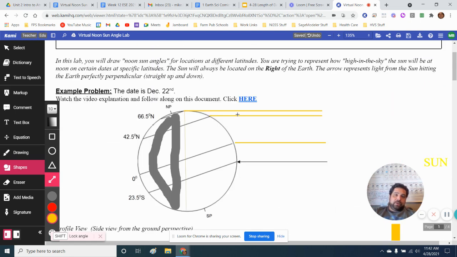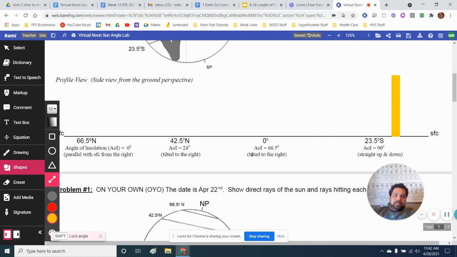Now, if I go to the equator, right here, it's not straight up. It's tilted a little bit. So say tilted to the right, it's at a 66.5 degree angle. I want you to cross the surface.